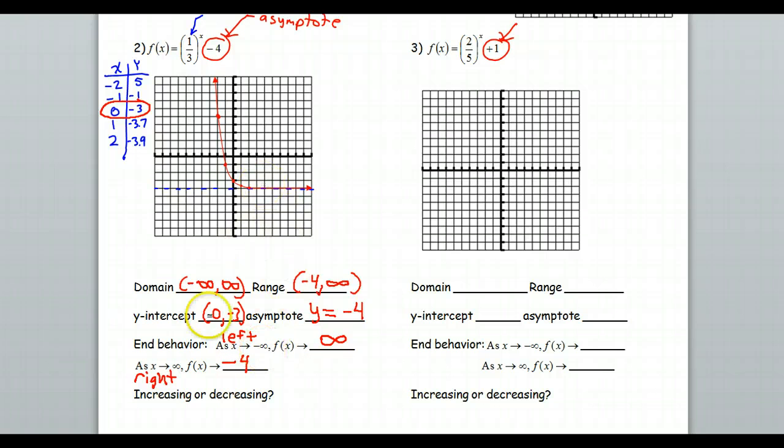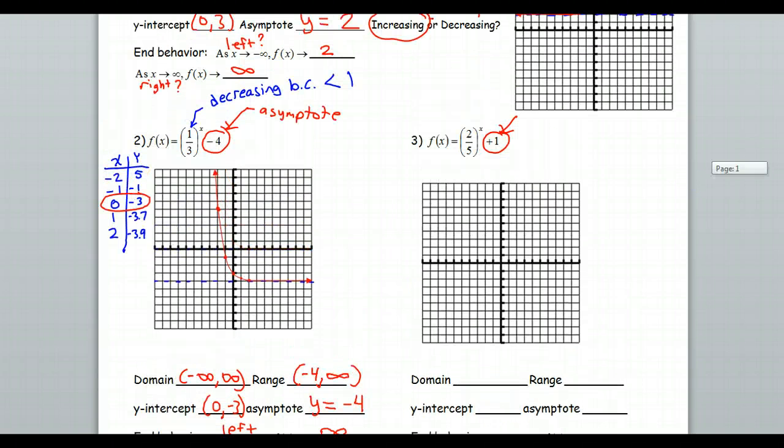Alright, and is this increasing or decreasing? Well, as we go to the right, it's getting less and less and less. So that is decreasing. Again, we knew that right from the start because this value is less than 1. So, with that in mind, look at this next one.